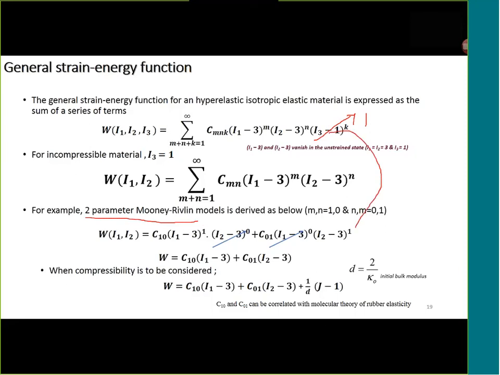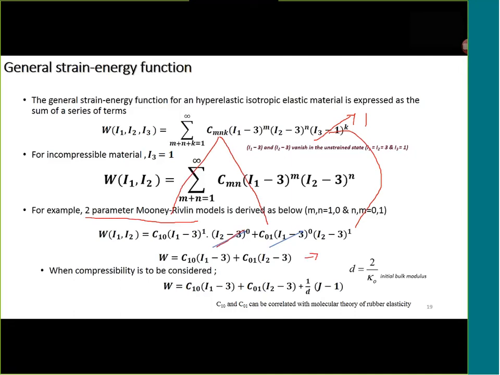What we are doing is taking only one term here, the summation should be 1, and k becomes 0 here, and we can write C10 and the second term will become C01. When the other terms go to 0, we end up having this equation, which is what we call the 2-parameter Mooney-Rivlin equation.